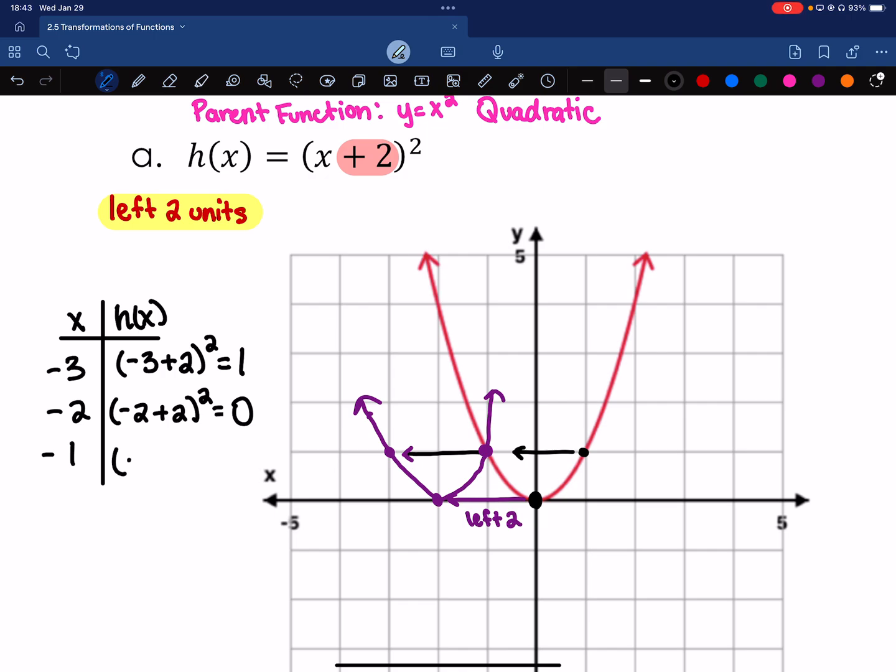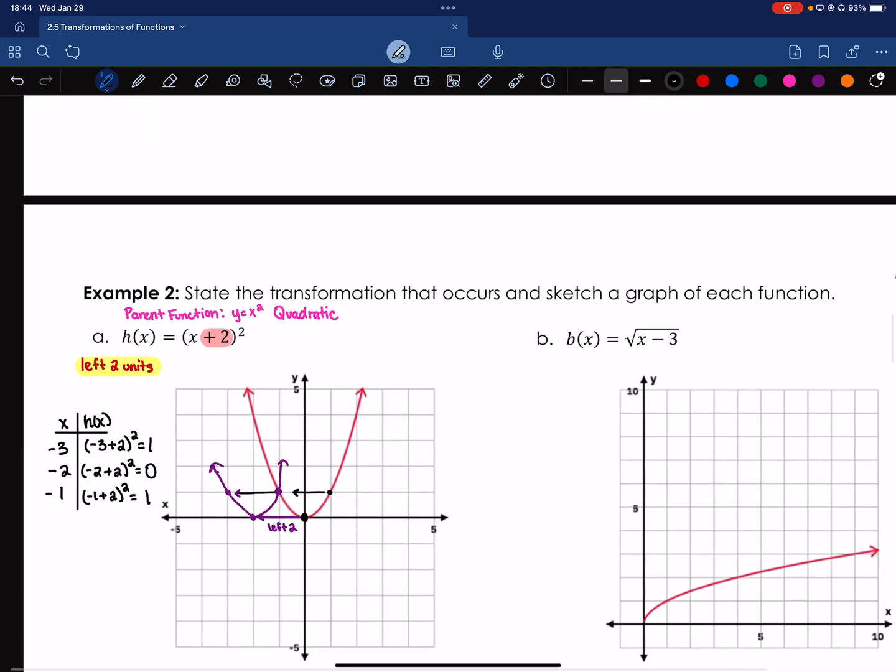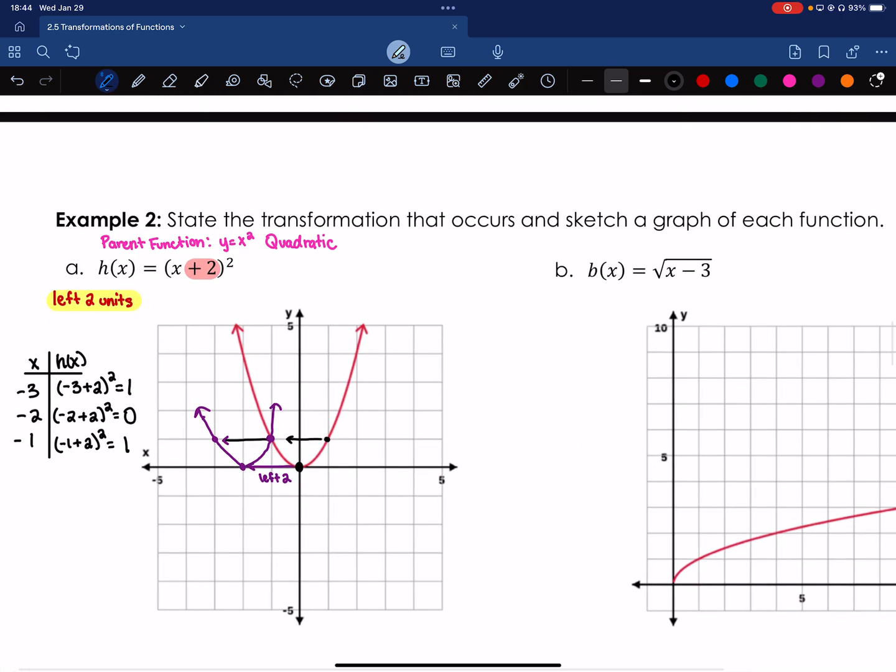And then you plug in -1. -1 plus 2 is 1. 1 squared is 1. But the numbers that are causing the transformation, that's basically telling you where that center or vertex is going. It's how is it moving from 0, 0. Okay.